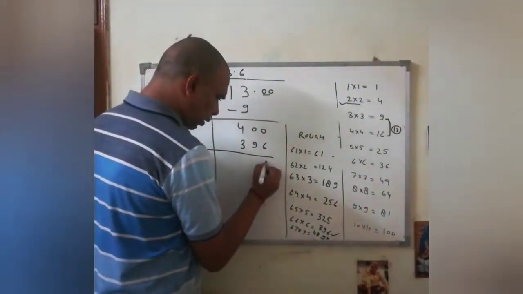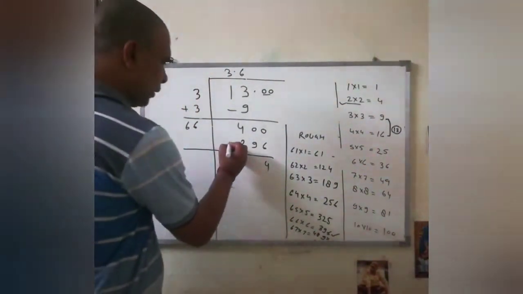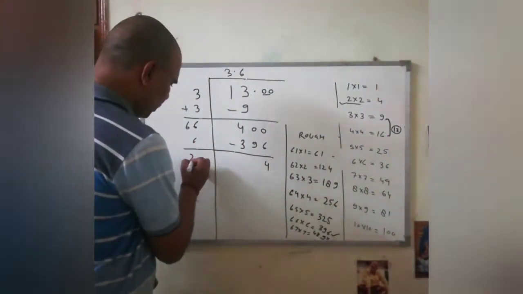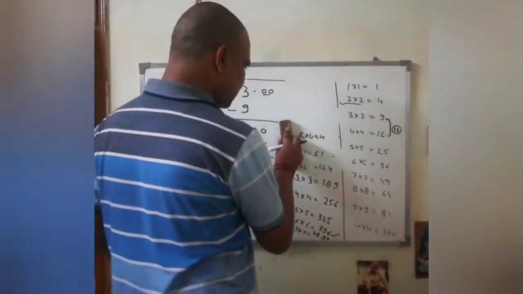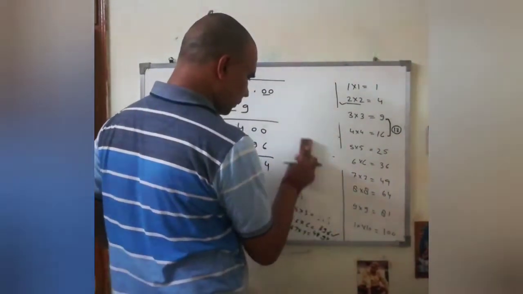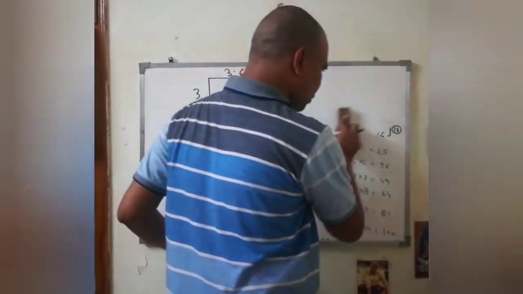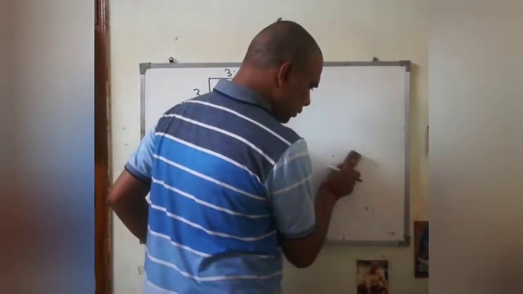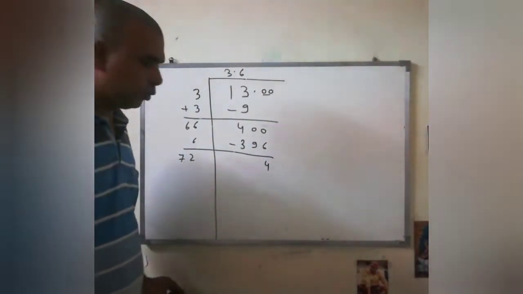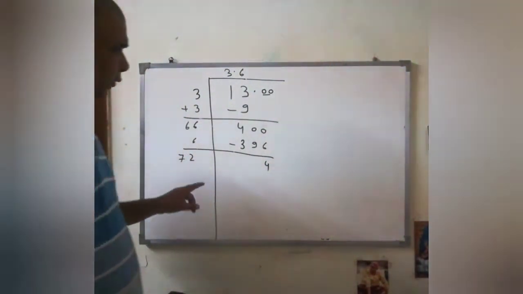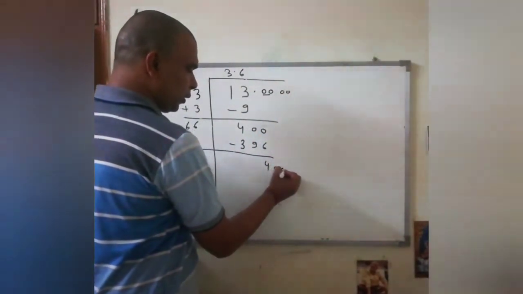Now the main game starts here. We can subtract here, we can put 72 here. Now I am rubbing this, as this table is not needed, this is the last question for this class. Now 72, if you use 20 here, you can put 20 here.